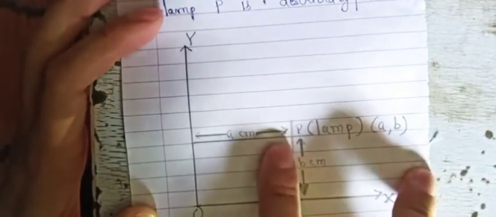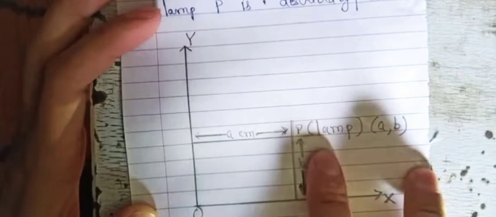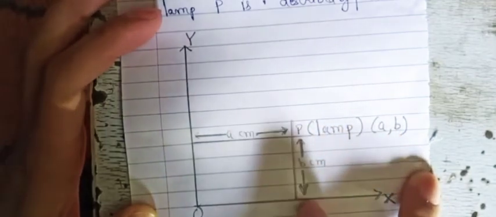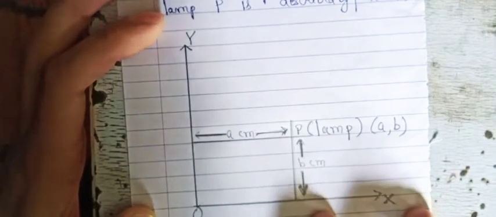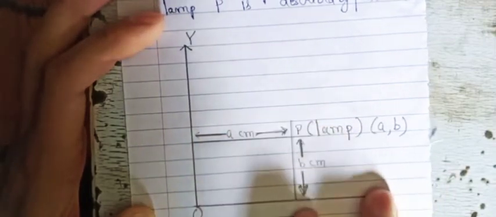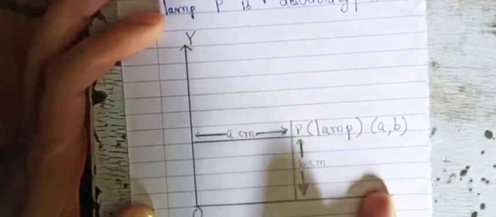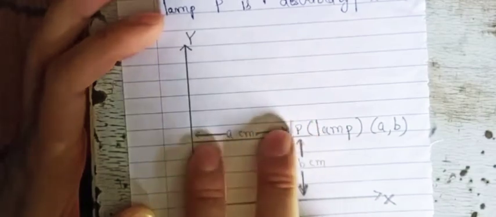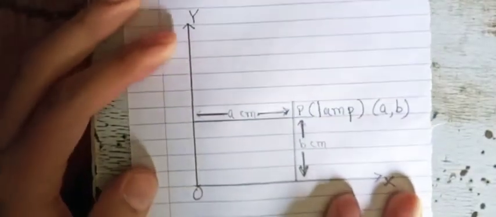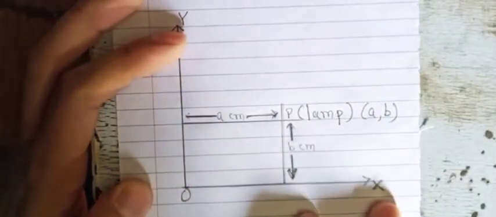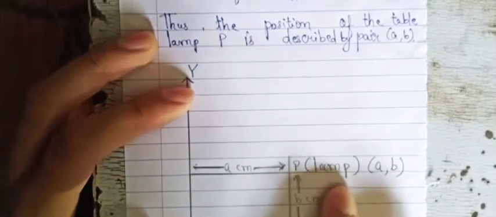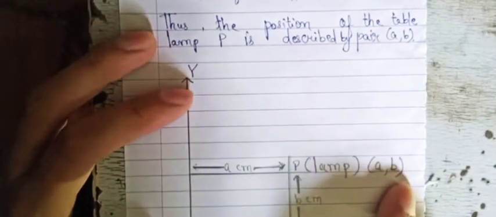These two perpendiculars will specify the distance of point P from OX and from OY respectively. In this way we will show the position of the lamp with respect to another person. So the coordinates of this point P are (a, b).